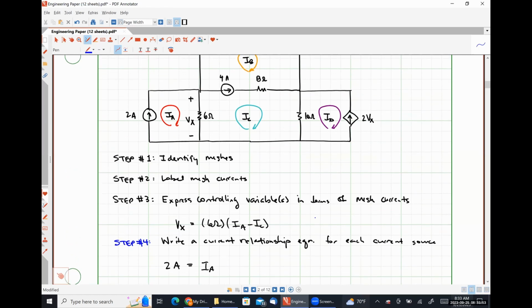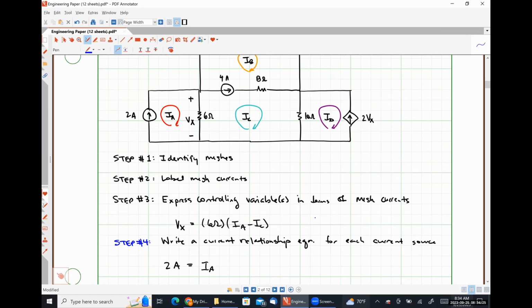So what would happen if I tried to write a KVL equation around mesh A? What would my first term be? So 6 ohms times IA minus IC is a voltage plus 2 amps.